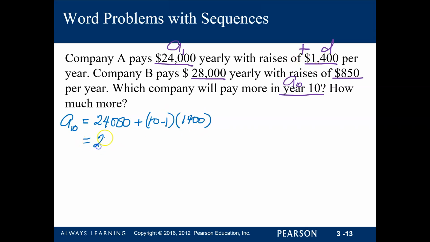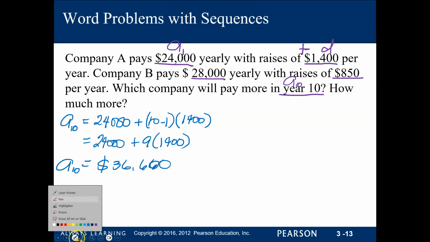So if you work on this, this is 24,000 plus 9 times 1,400, and in your computation with your calculator, you can use that. By the end of 10 years, company A has a total of 36,600 payment for you. Okay, that's company A.